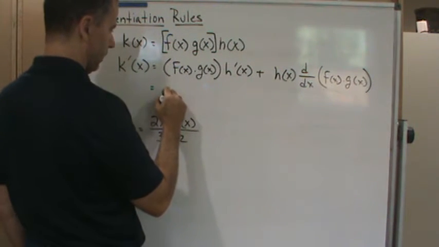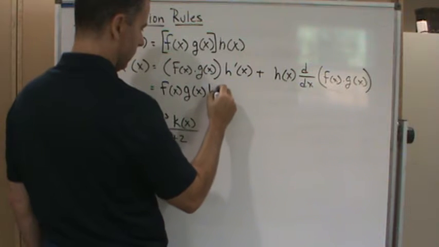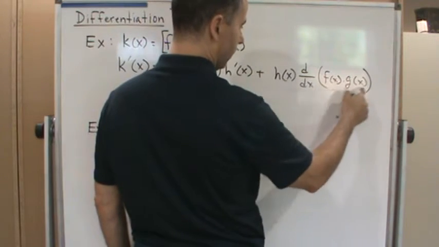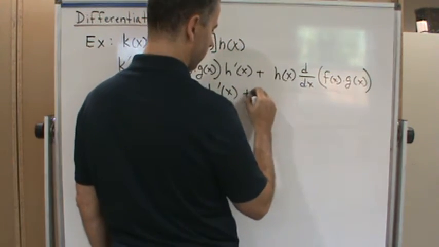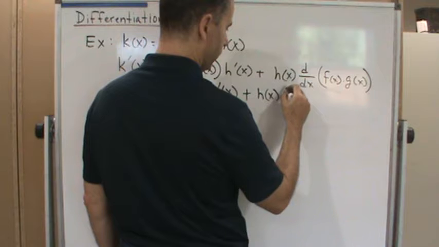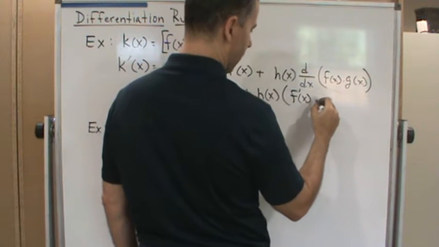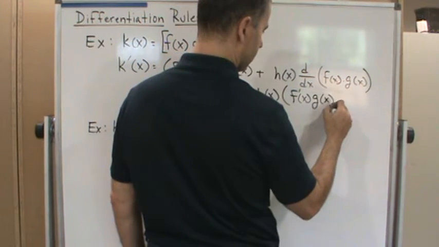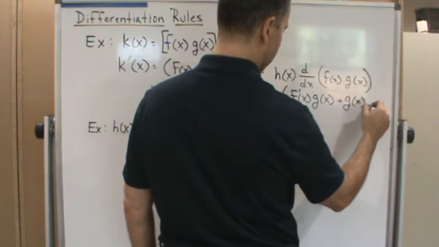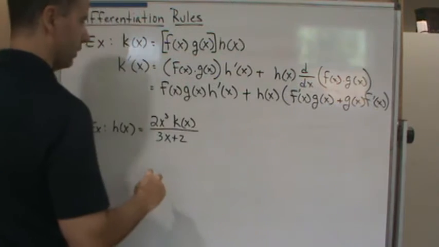So this is going to be f of x, g of x times h prime of x plus, now I'm going to do the product rule again here, which is going to give me h of x times f prime of x, g of x plus g of x times f prime of x. Okay. And then I'm going to distribute and simplify.